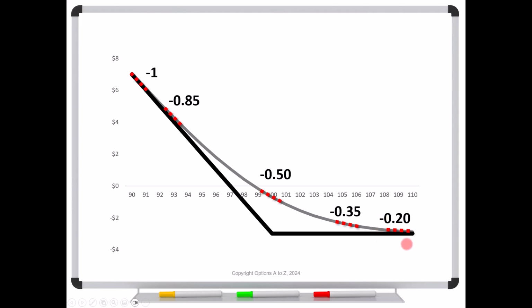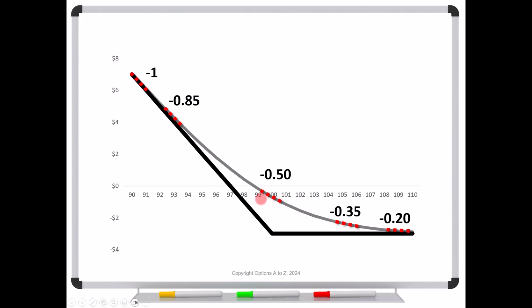So now it's telling us that if the stock price falls, let's say $1, we're only going to pick up about 20% of that, or 20 cents. As the stock price continues to fall, that line's getting a little steeper, but in the negative direction. It's pointing out this way to the upper left side of the chart.